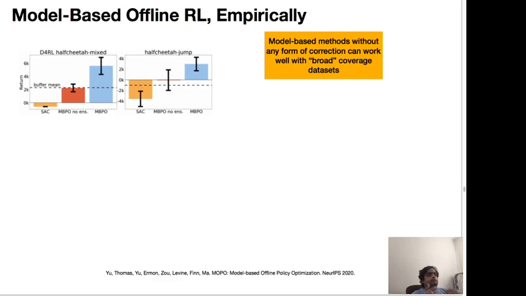The reason is that you can generally learn an accurate model when you have enough coverage, and then you can plan in that model and train your method. Whereas typical off-policy RL methods, which are model-free, may not be able to perform well here because of limited data and somewhat unseen actions.